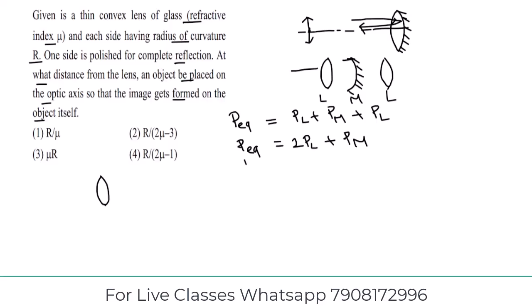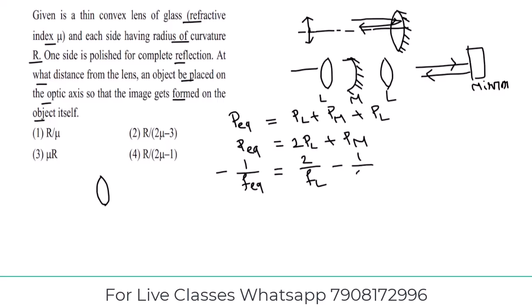Power P is equal to 1 by F, so 1 by F equivalent is equal to 2 divided by F. Now here is a trick: because the ray goes in this direction and reflects back, this total system acts as a mirror, and for a mirror the power is P equal to minus 1 by F. So P equivalent is minus 1 by F equivalent, and for the lens PL is equal to 1 by FL, and for the mirror PM is minus 1 by FM.